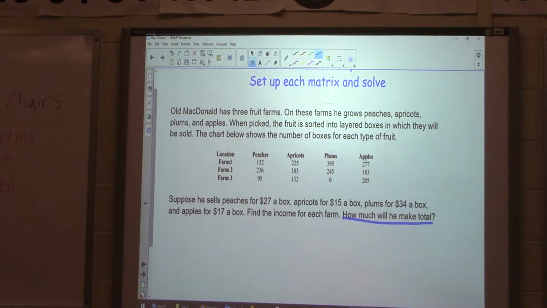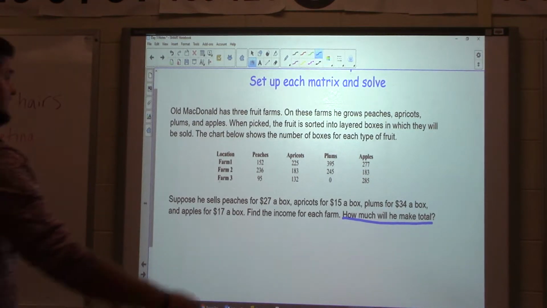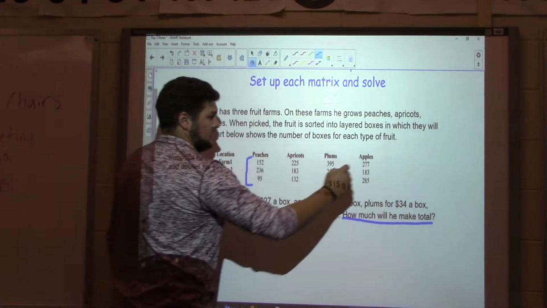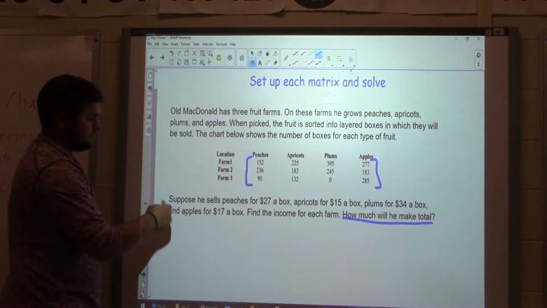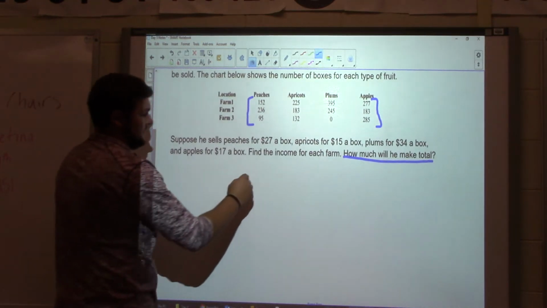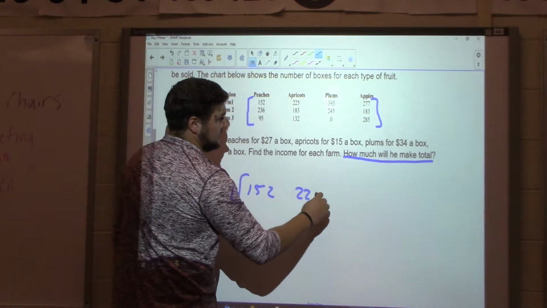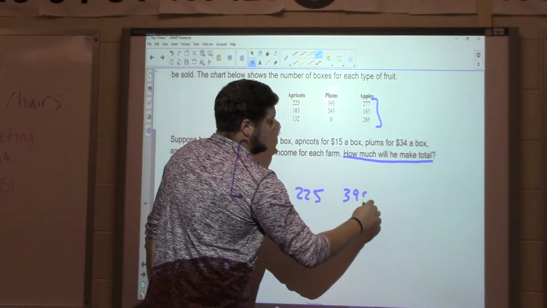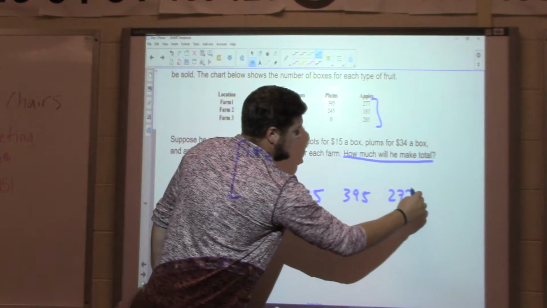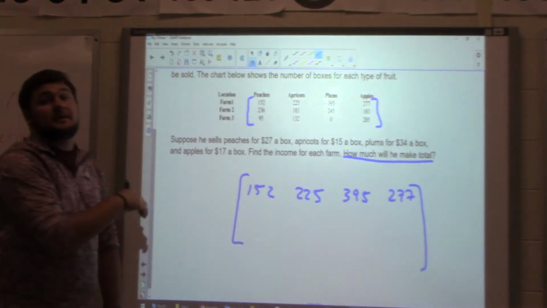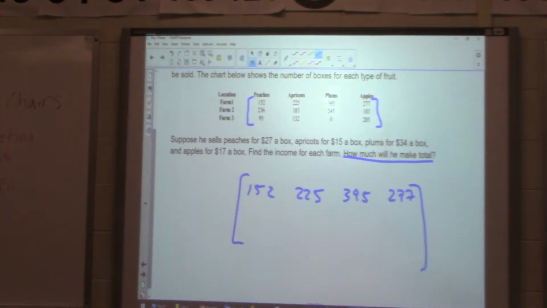Okay? First and foremost, let's take our table and let's make it a matrix. Alright, so I get 152, 225, 395, 277. Hey guys, I want to see this work on your paper, right? What you're putting in your calculator, write that out. Okay?